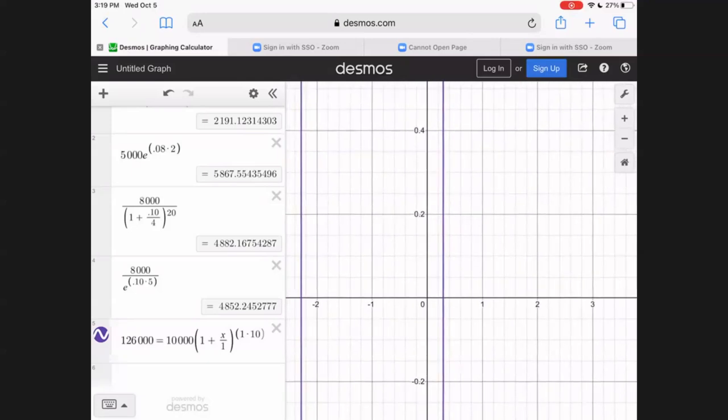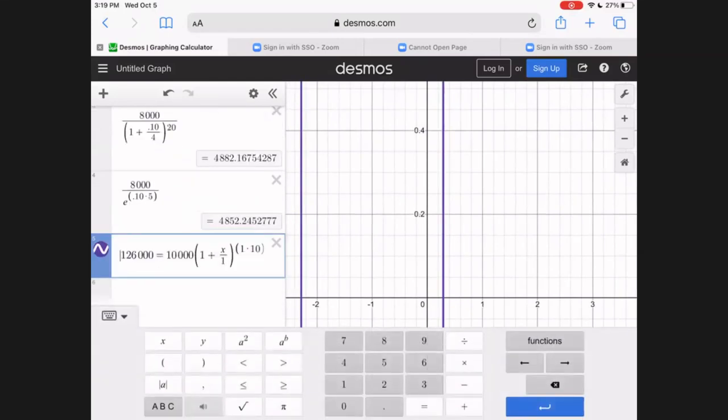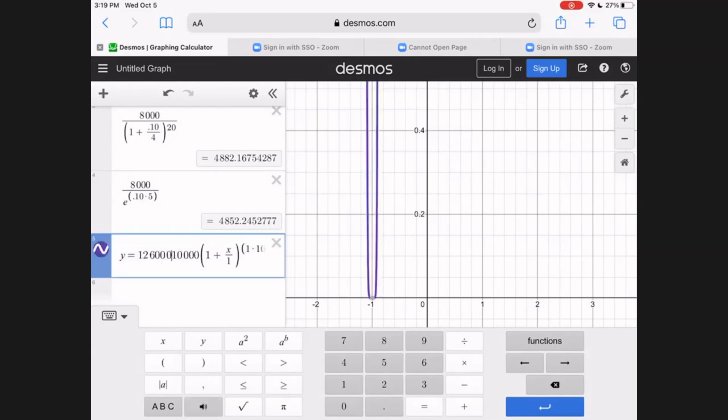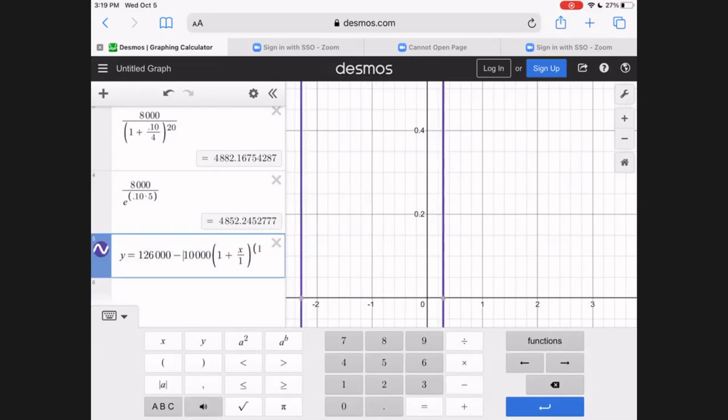So one thing I'm going to do is I'm going to put y equals. And then I'm just going to subtract them here.